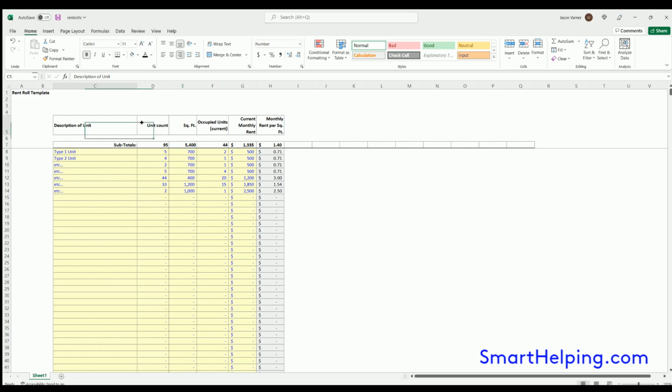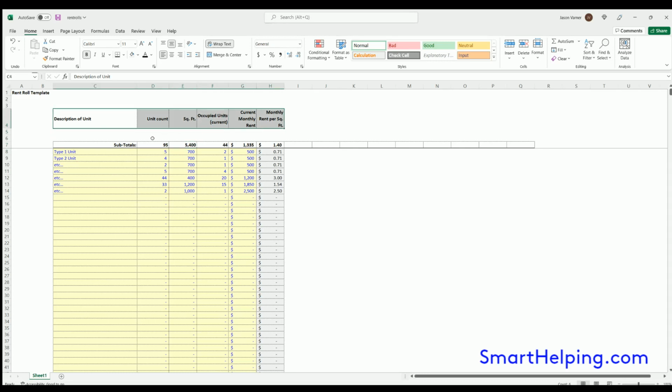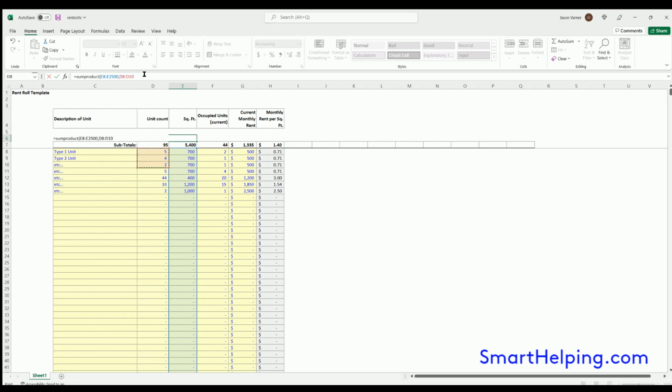So on top of this, I'd put another row up here and say the weighted average square foot is, and see, this can get complicated. So we'll go 2,500 here, 2,500 here, down to 2,500 divided by this. Okay, so now I have weighted average square foot per unit. Put a note on that.